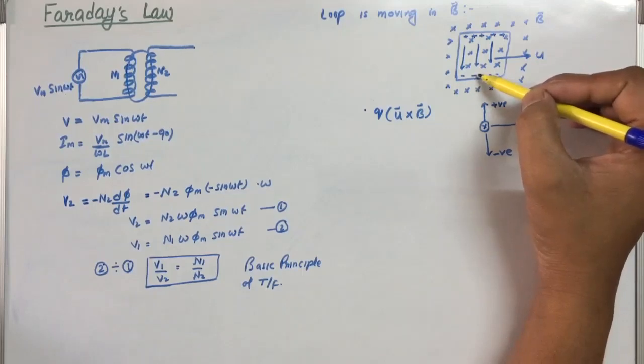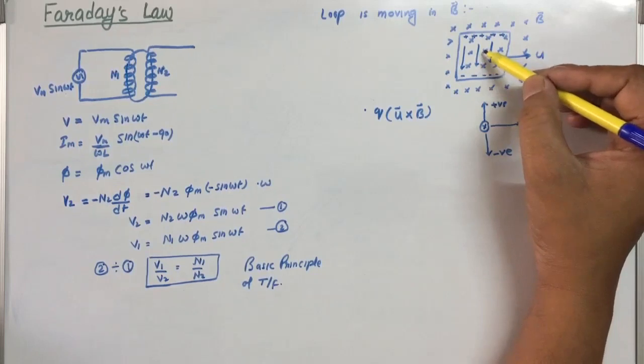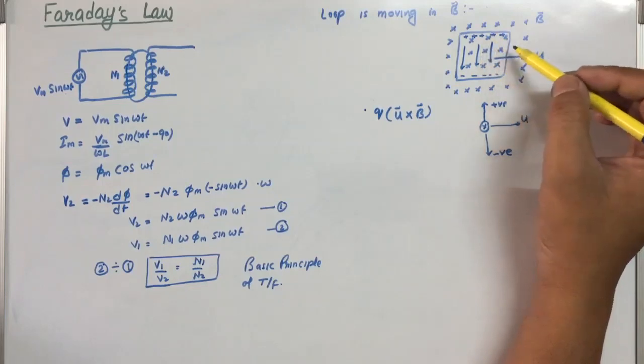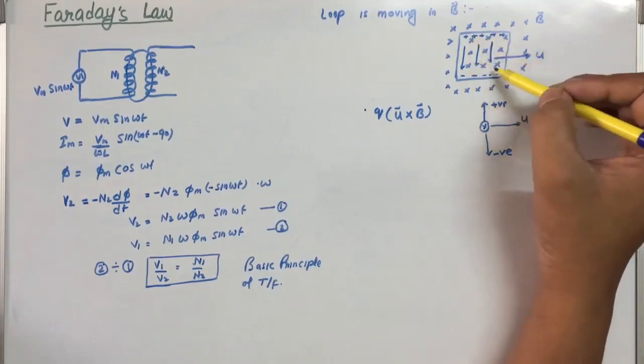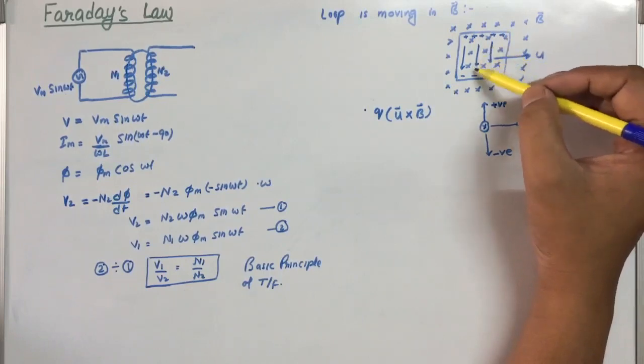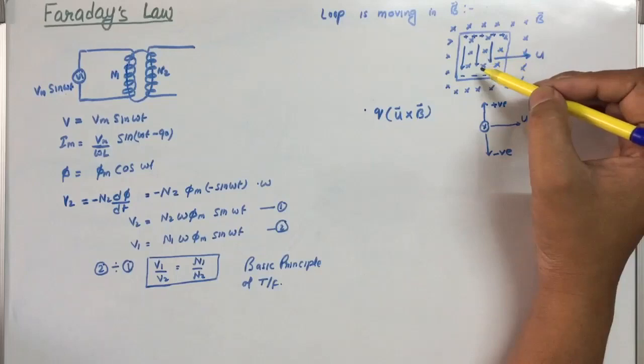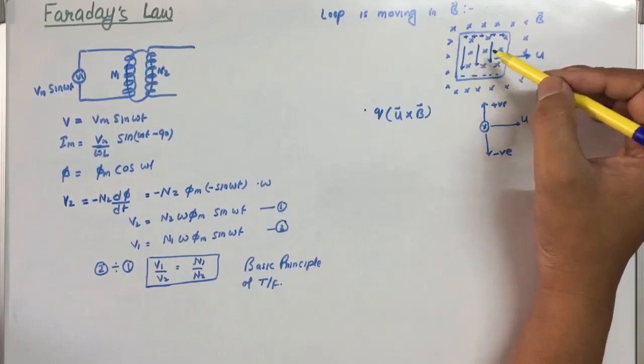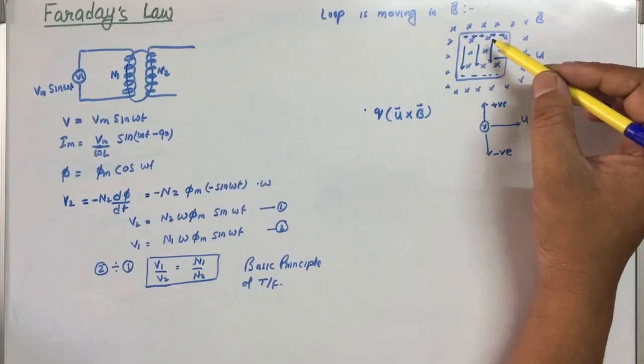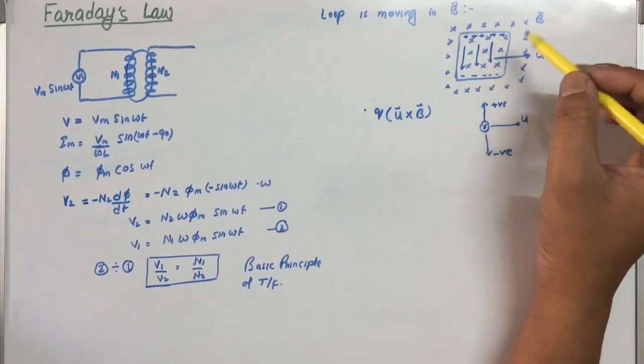So this is Lenz's law: the effect of accumulation here opposes the cause, that is the field. From here it is verified that the induced EMF is the effect that is opposing the cause, that is the magnetic field.